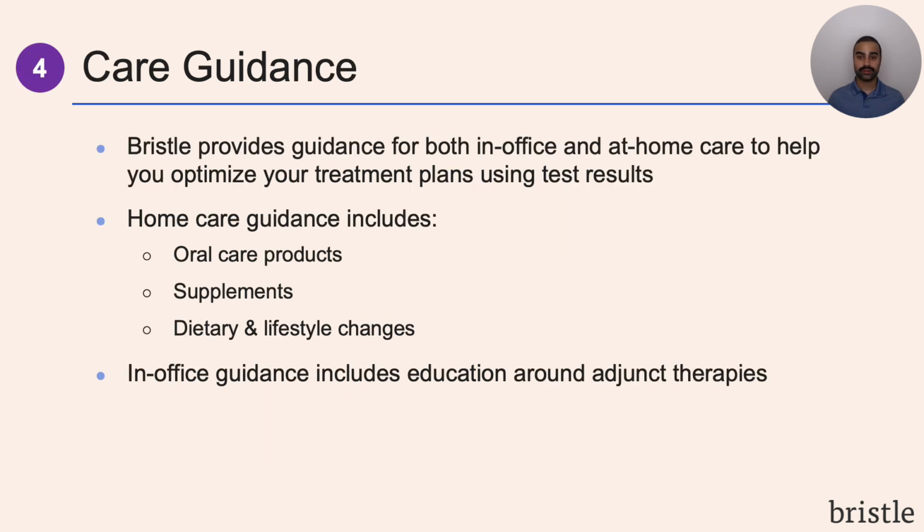The fourth and final differentiator is guidance on care and ongoing support. So we have resources that provide both in-office and at-home care guidance based on Bristle test results, including hygiene routines, products, supplements, and even diet and lifestyle suggestions, as well as in-office treatments and adjunct therapies that you might want to consider.